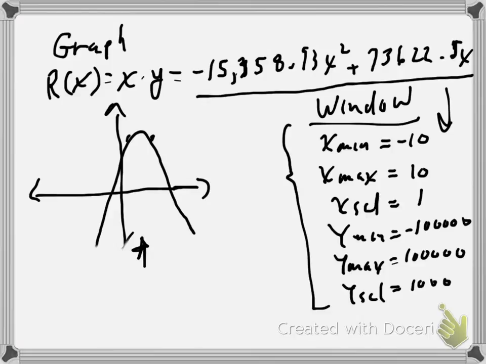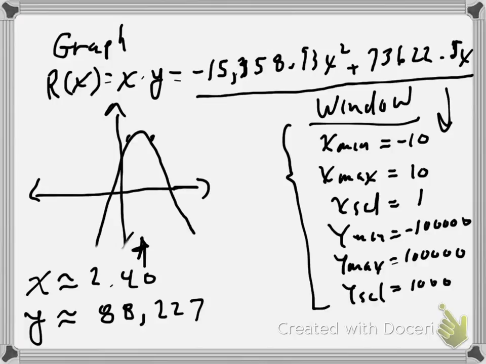Now we want to calculate the maximum revenue, or we want to find the maximum value here. So we're going to go to second calc, go down to number 4 for maximum, then do the whole left bound, right bound thing. Alright, and we're going to get a maximum point where x is approximately 2.40 and y is approximately 88,227.